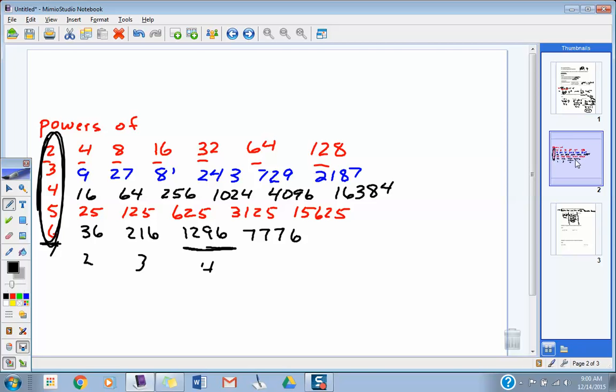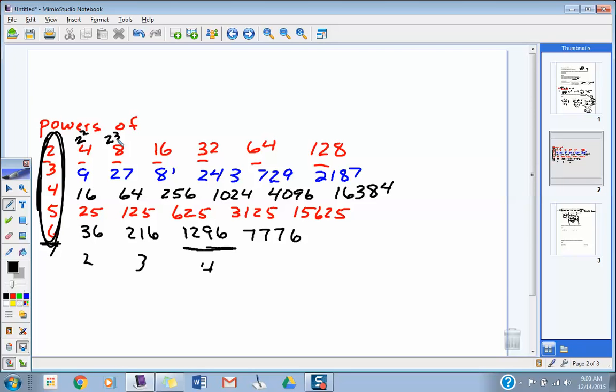This 4 is the same as 2 to what power? 2 to the second power. This 8 is really 2 to the what? 2 to the third, right? So I'm going to replace the 4 with 2 squared and the 8 with 2 cubed. That means our new like base will be 2 for each problem, right?